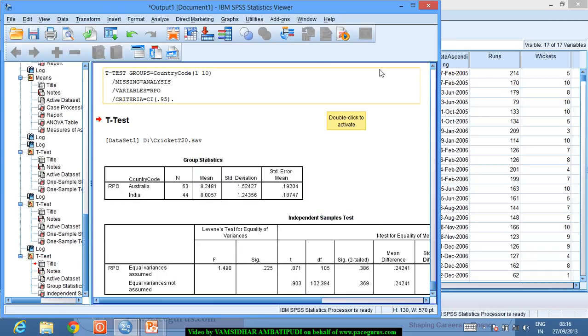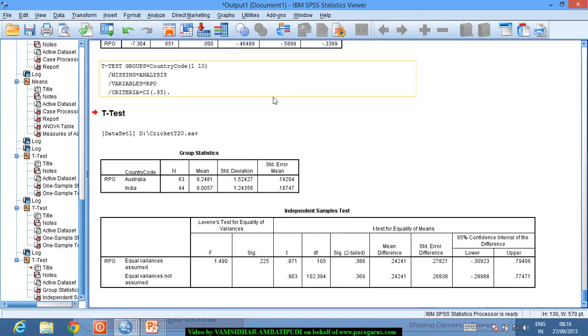Wherein now it gives me some important conclusions. The runs per over, this is a very basic group statistics document.